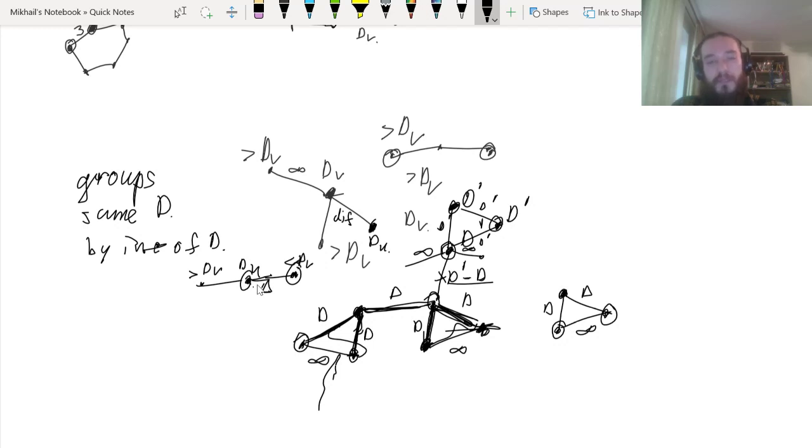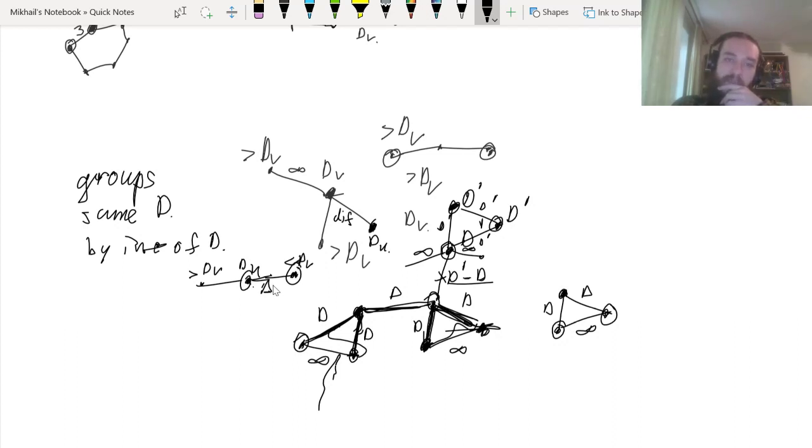So I hope the solution is clear by now. So how do we implement that?